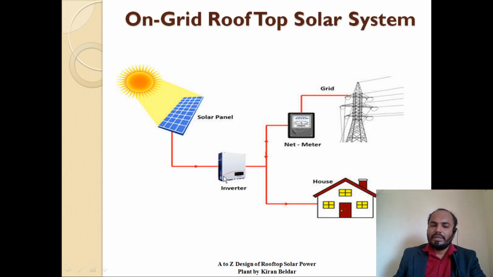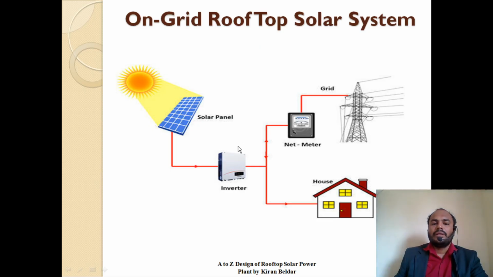Basically, the function of the inverter is to convert DC electricity into AC electricity. DC means direct current, and we convert it to alternating current because of home use appliances. So when electricity is generated from these solar panels, the DC energy is given to the inverter.